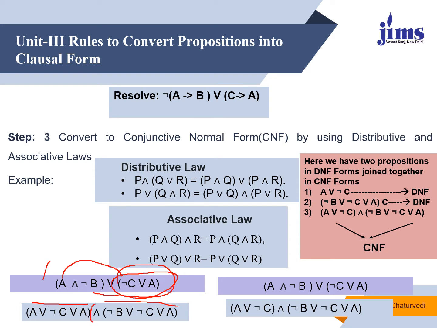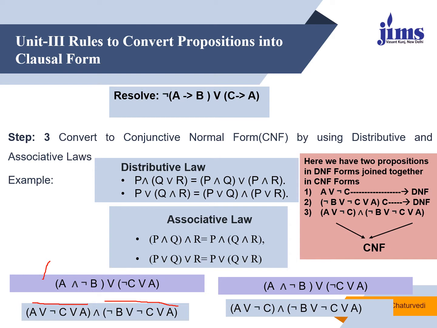This is the AND logical connective, and this is what conjunctive normal form says: all the propositions should be connected with the and symbol. So here, after implementing distributive law, we have achieved A or not C or A within one bracket, then the and symbol, not B or not C or A.